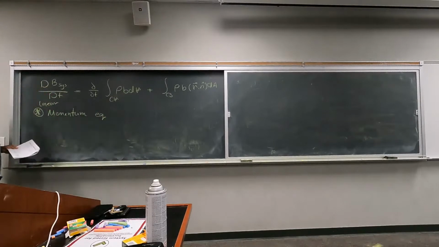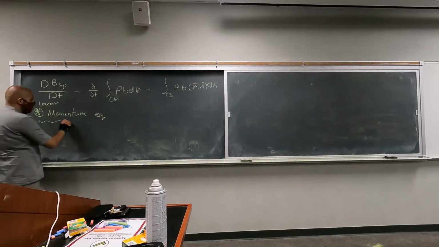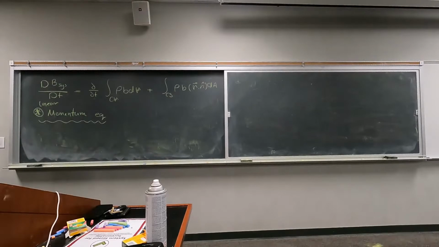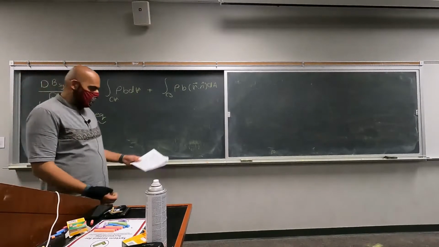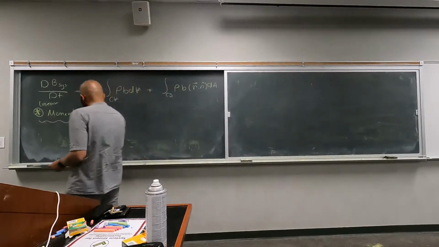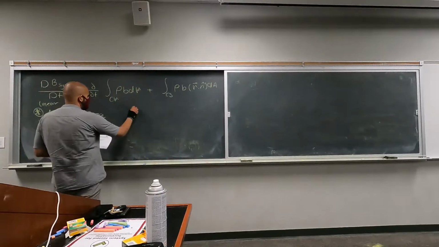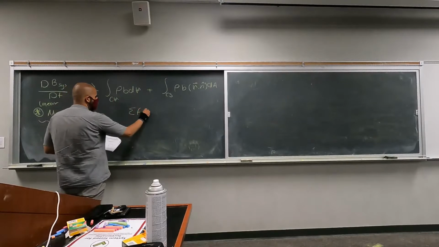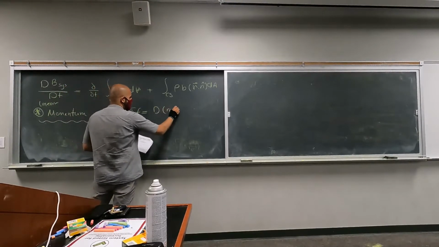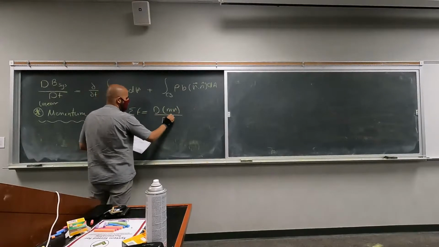Okay. And this is derived based on Newton's second law. Sigma F is equal to the change in linear momentum over time. Okay, what does the second law tell us? Sigma F is equal to d(mv)/dt, right?